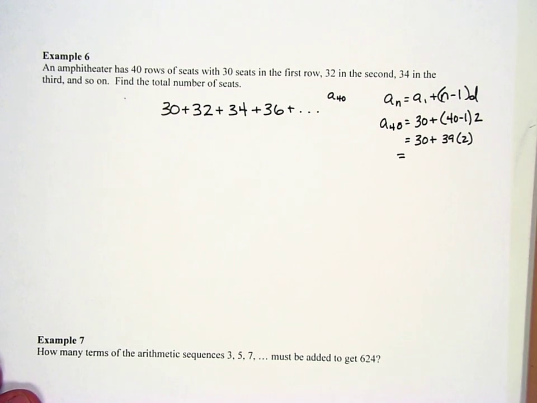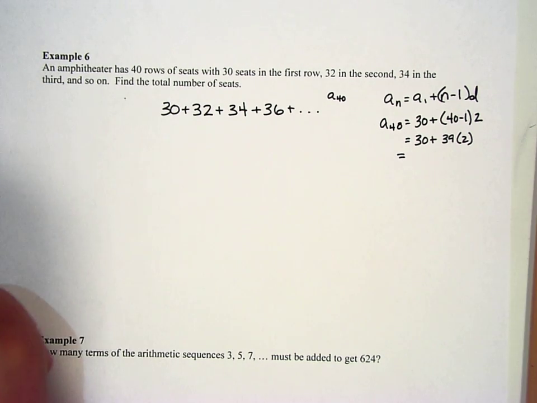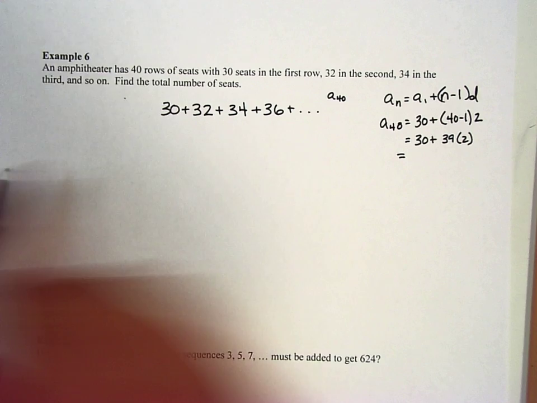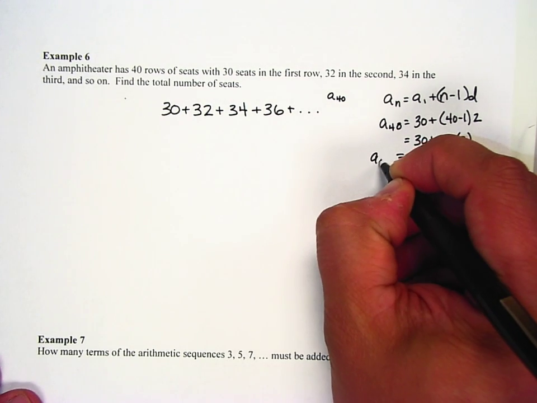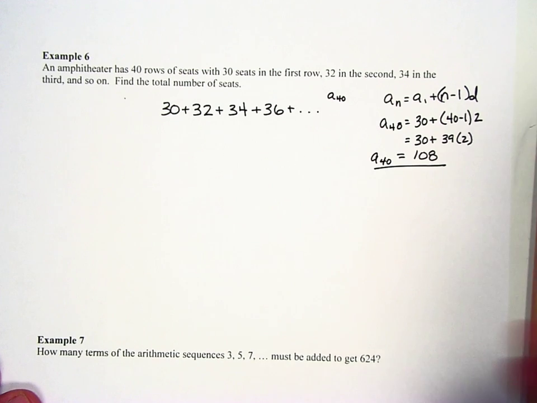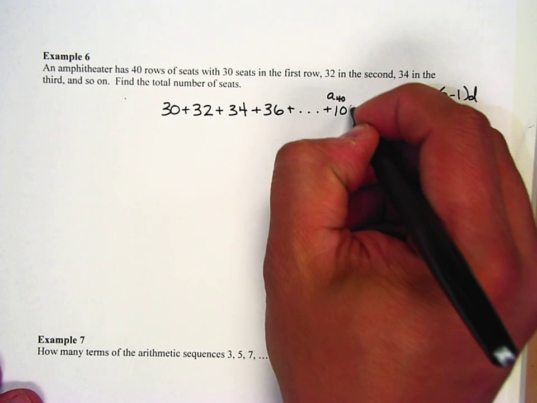And that would be, let's see here, 39 times 2, 78, 108. So there's 108 chairs in that last row. So we know it goes here to 108.